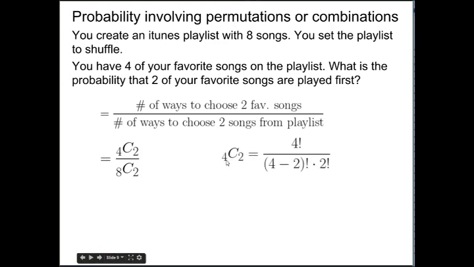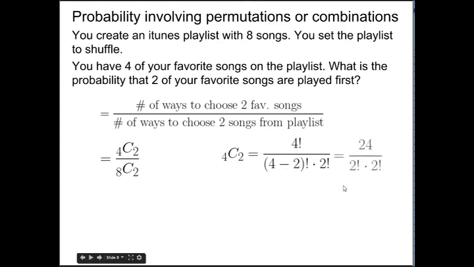In this case, our equation for the combination 4 choose 2 is equal to 4 factorial, our n, the number of things we could pick, over the factorial of n minus 2, multiplied by the factorial of the number of things we pick. When I do 4 minus 2, I get 2 factorial on the bottom.